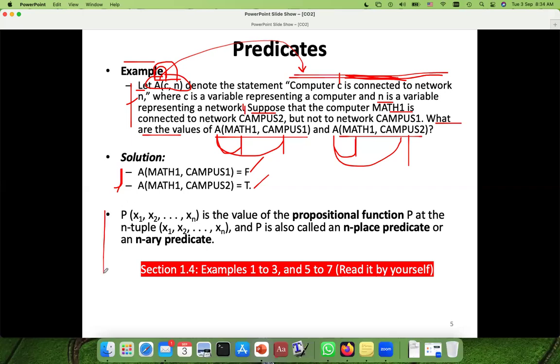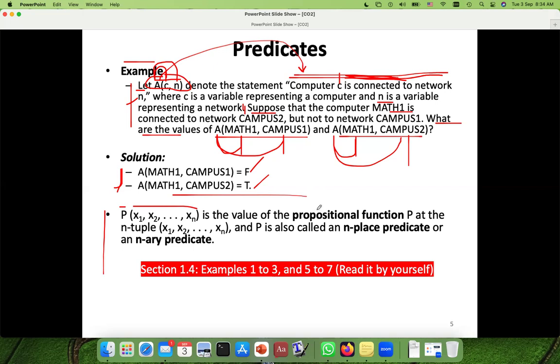Now, this is extra information, not linked with this question. Additional information. So if you have some predicate with n number of variables, from x1, x2, and so on, xn, what is it saying? It is saying that the predicate can have n number of variables. And how will you say it?